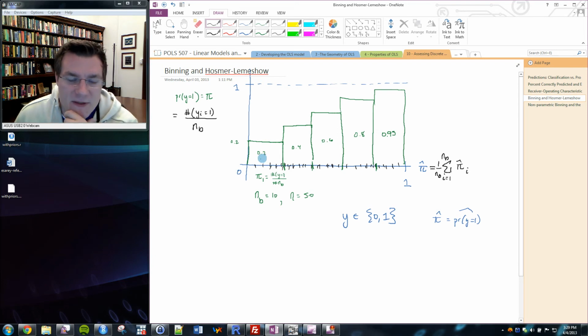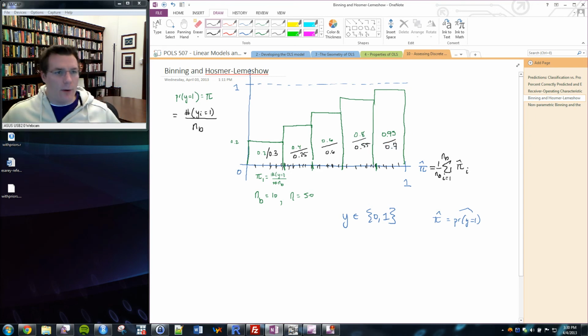So, for example, in this first bin, we see an empirical probability of 0.2. We might see an average fitted probability of 0.3. Here we might see 0.25, here 0.6, here 0.55, here 0.7.